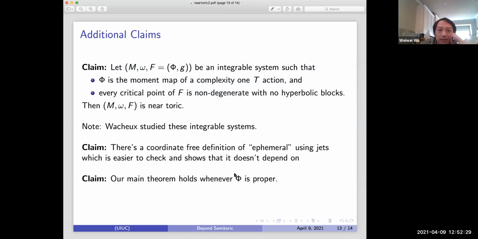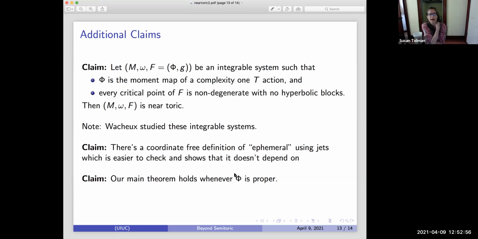I just want to talk a little bit, I guess I'm running out of time, that's fine. Some additional claims. I'm not going to define my terms in this, but if you've seen these, semitoric systems are really just for circle actions on 4-manifolds, so they're 4-dimensional, but you can do higher dimensions.